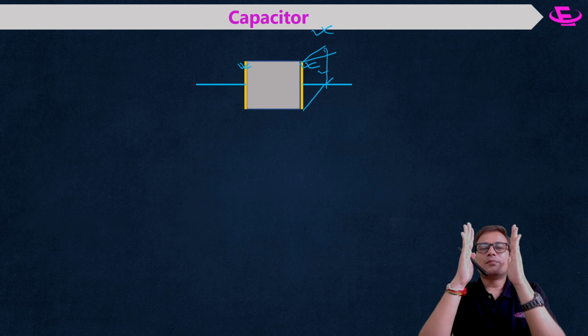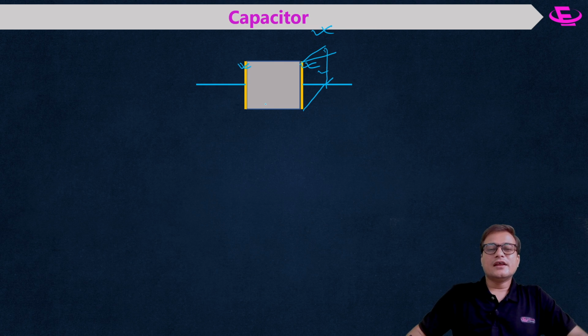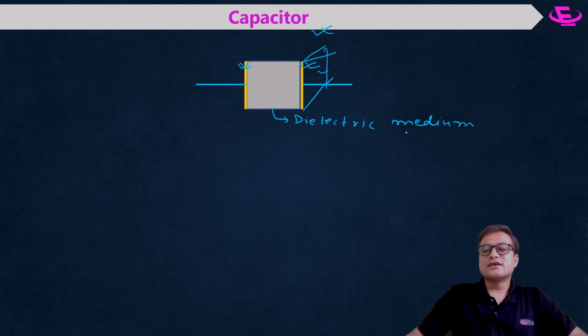And in between the plates, what is there? It is an insulating medium, or you can say a dielectric medium. What is the meaning of dielectric medium? Dielectric medium means current can't flow through this, because this is an insulator.